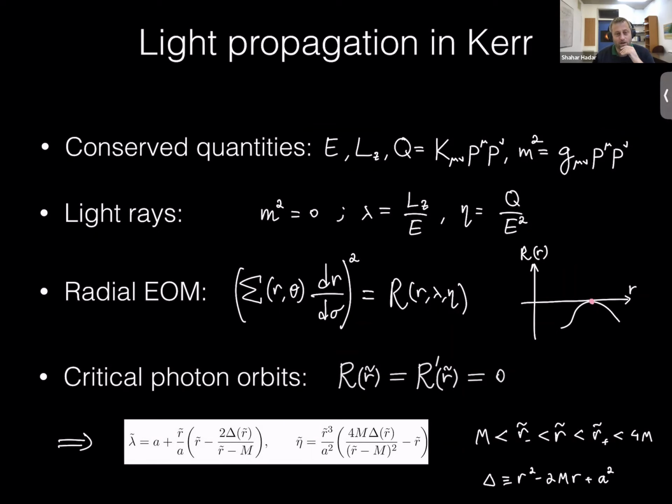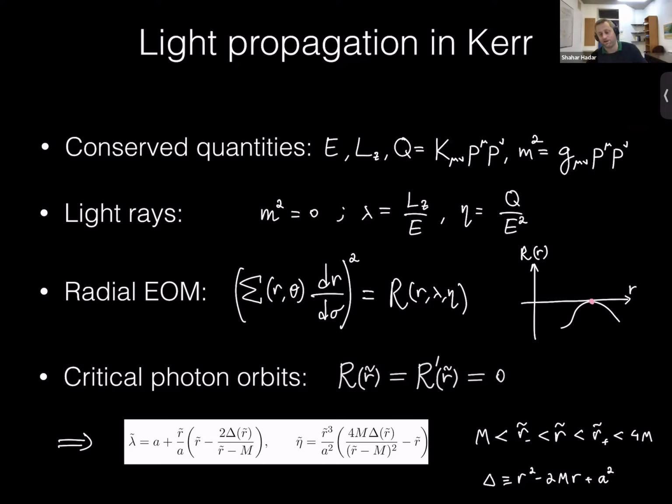So, a very quick review of light propagation in the Kerr geometry. This is an integrable problem, since we have 4 conserved quantities in 4 dimensions, and the problem reduces to a system of first order differential equations. You can write down the solution analytically, even if it's quite complicated.